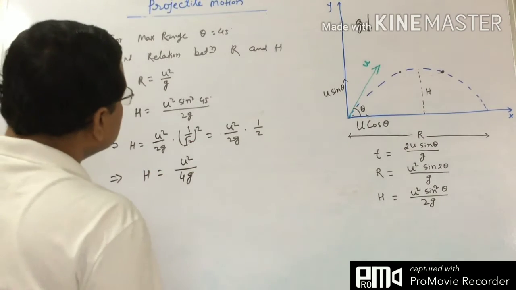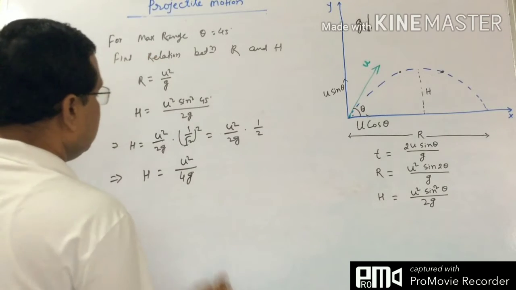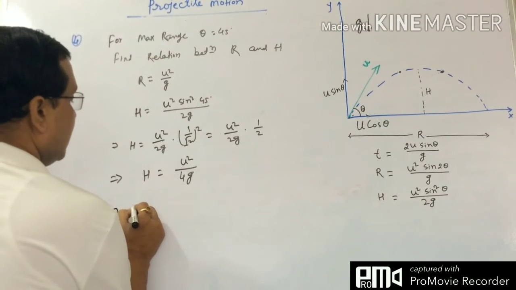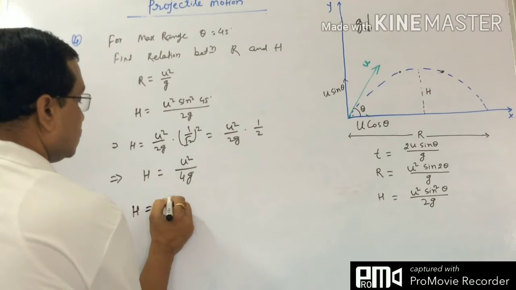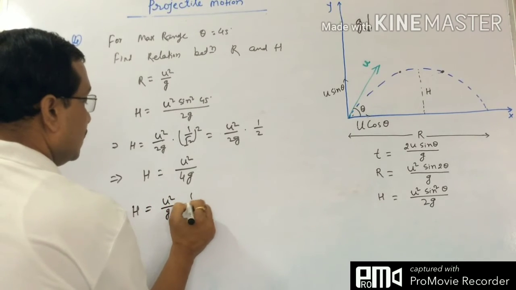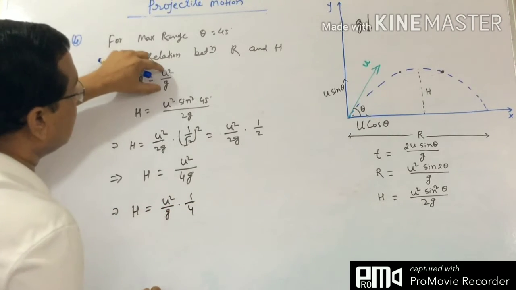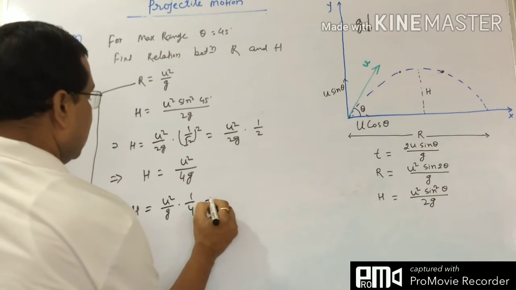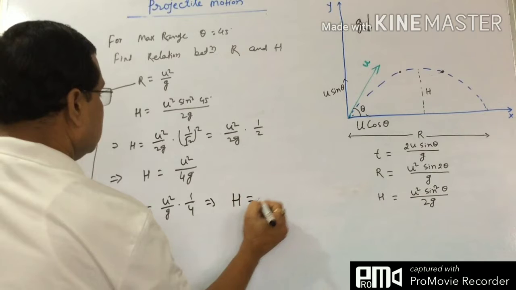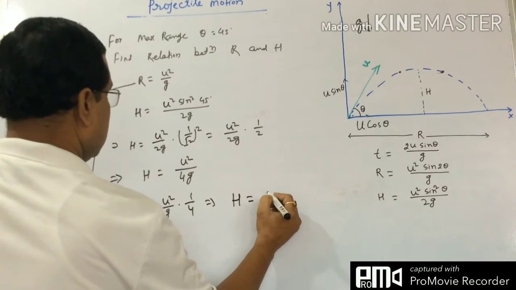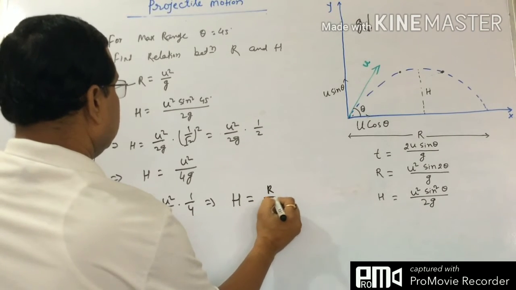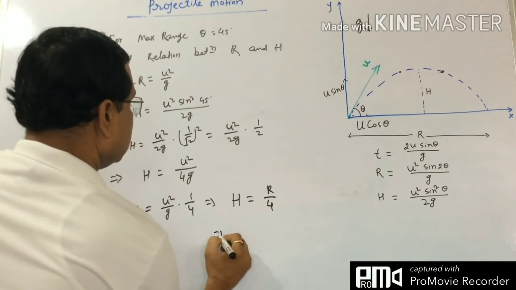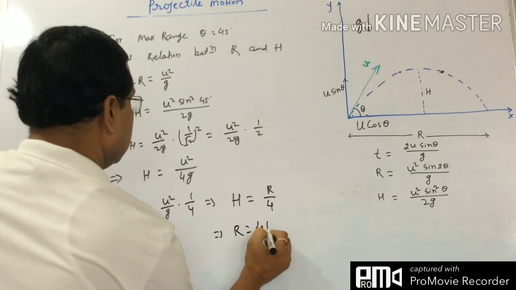Here H equals U square by G into 1 by 4, and U square by G is our R, that implies H equals R by 4, hence R equals 4H.